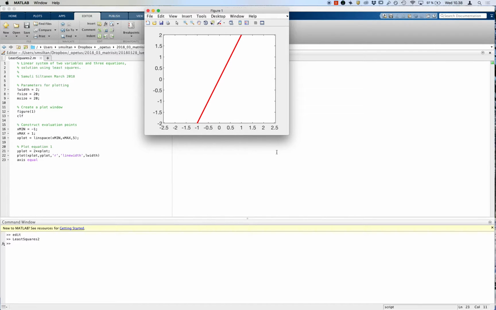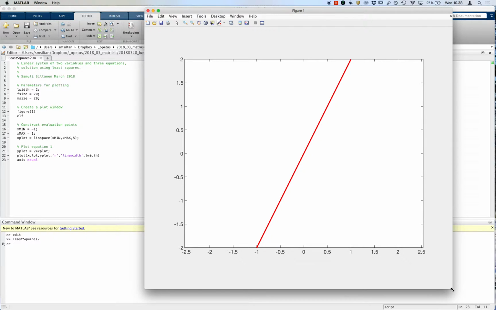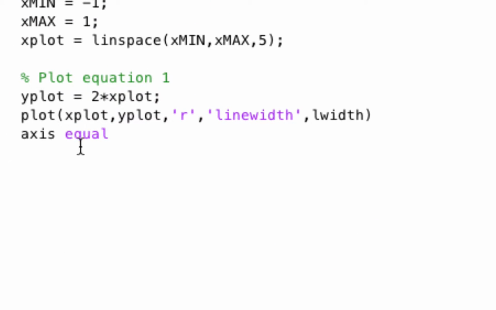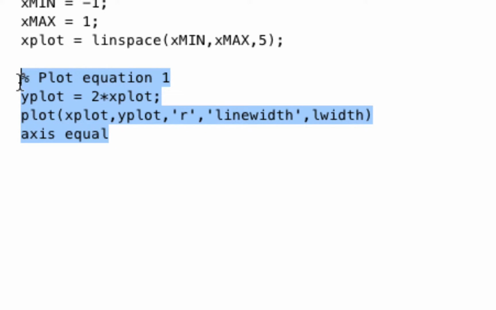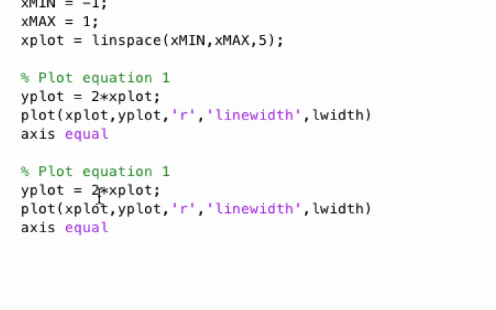Okay, so here we have a plot of our linear function, and we need two more. Let's make equation 2. For example, let's say -1 plus 2, something like that.